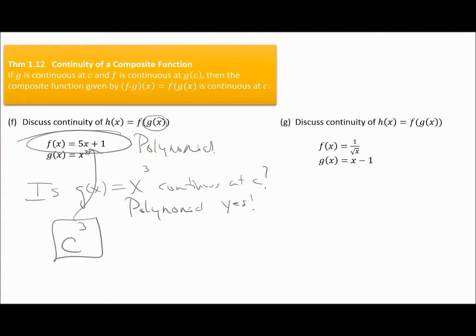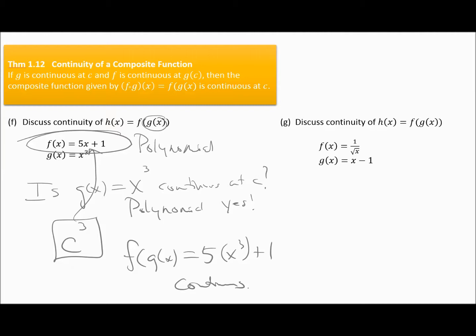Okay, so I can say that the composition f of g of x, which is really just 5x to the third plus 1, is continuous. Really, could just plug it in and say, hey, it's a polynomial, so it's continuous too. So you didn't necessarily have to use this theorem.